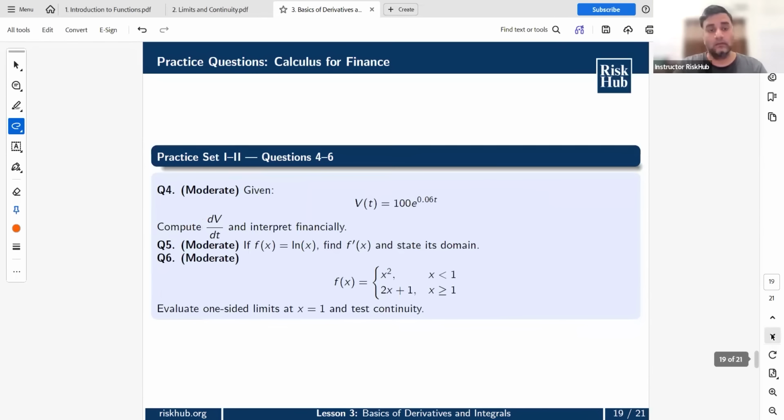Then we go to question number 4. Given V(t) = 100 e^(0.06t), compute dV/dt. Again, you can do the derivation.